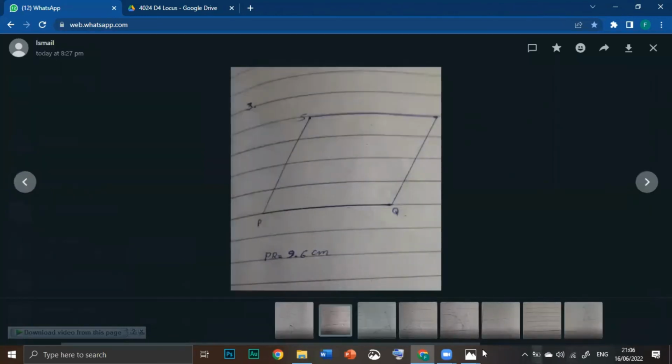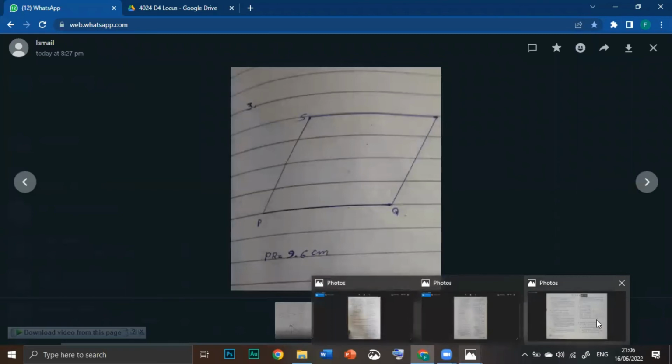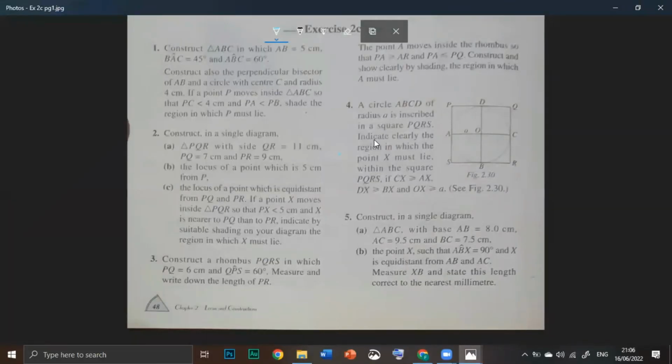Now question number 3. In question number 3, construct a rhombus. Already you have drawn the rhombus. QP is 6 cm. Measure and write down the length of PR.